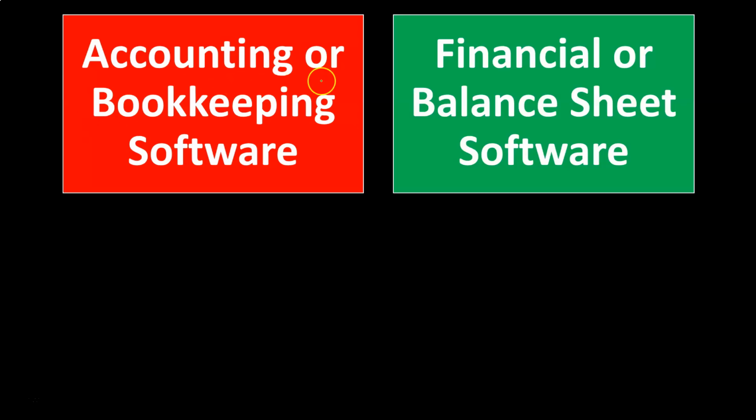The other option is to use software that can make things a little bit easier and also connect to the financial institutions, but in a different way, what I'm going to call financial or balance sheet software. This is software that is usually for investment type purposes, meaning it's kind of future oriented. It can also connect to the financial institutions, but you're not using the double entry accounting system, but instead pulling in the ending balances.